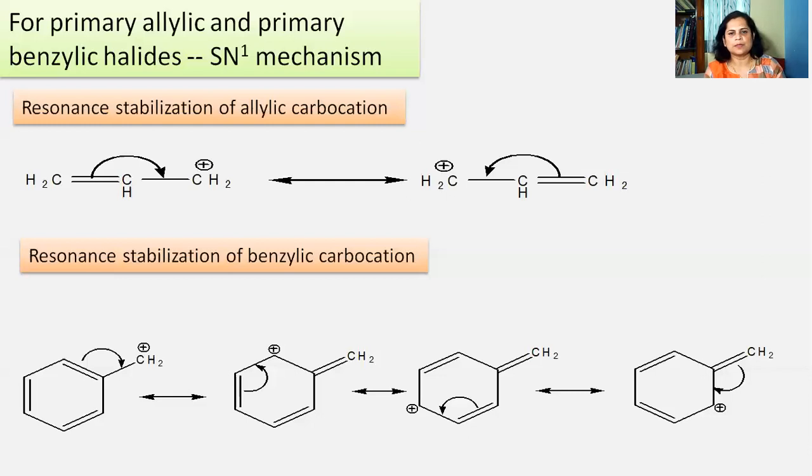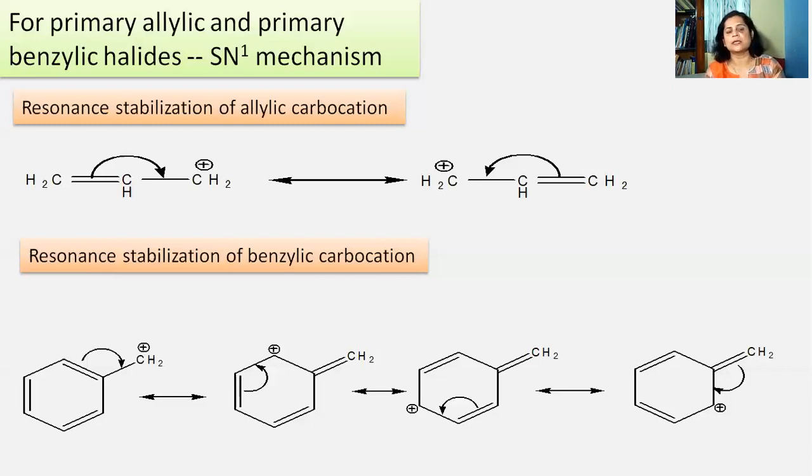Similarly, the same applies for the benzylic carbocation. For the benzylic halide, after the removal of the halide group, the CH2 gets the positive charge. Delocalization of pi electrons takes place and it shows resonance of this benzylic carbocation, and as it is a stable carbocation, it also shows the SN1 mechanism.